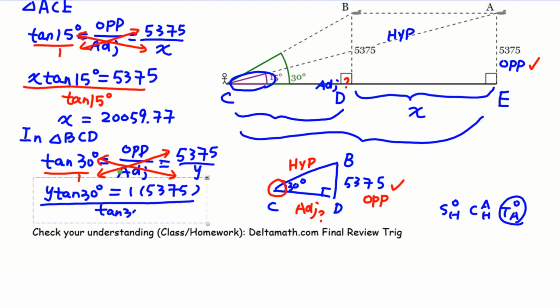We are going to have y equals 5375 divided by tan 30.